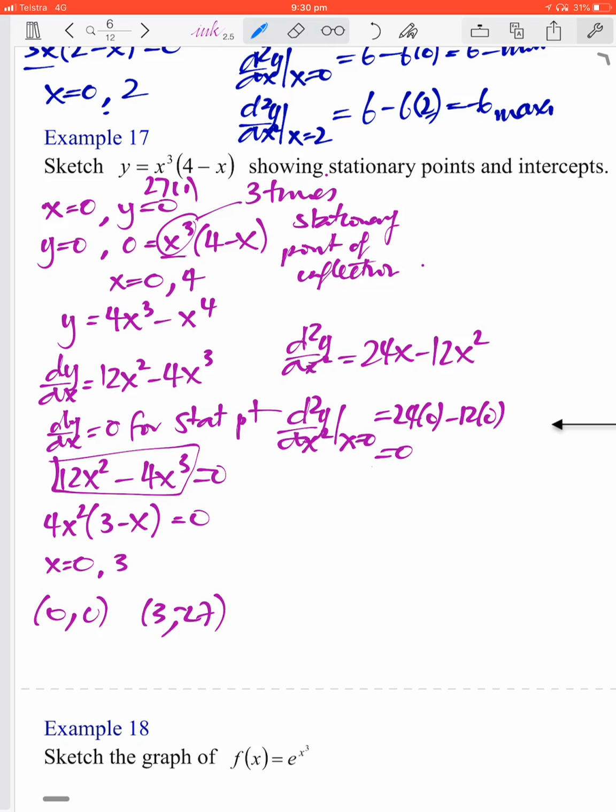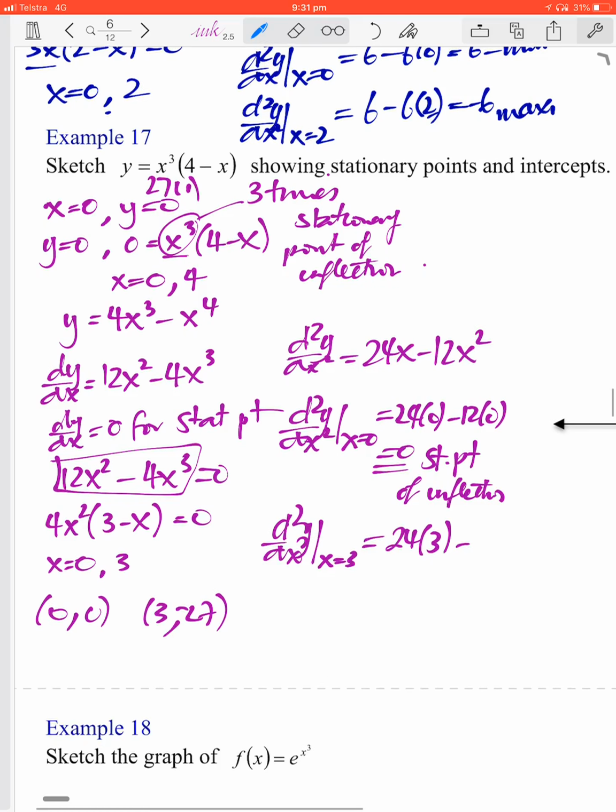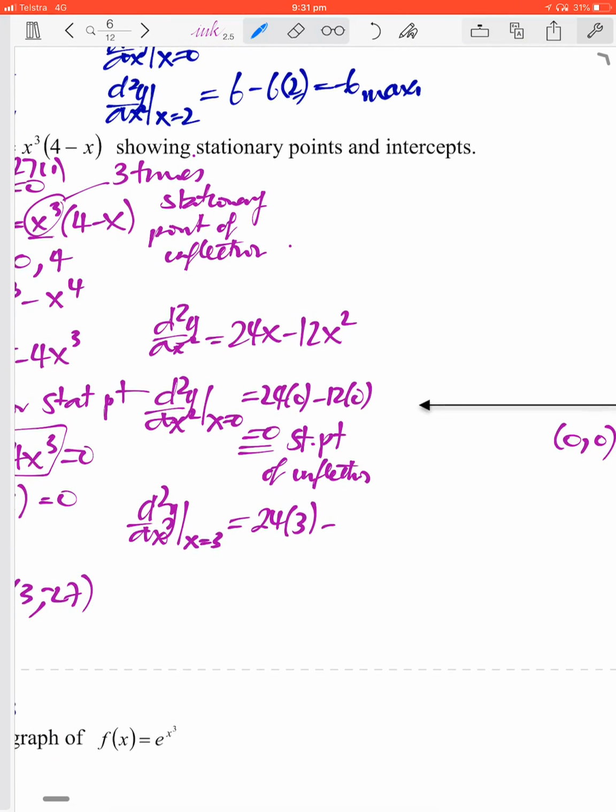So if the second derivative equals 0, then it's a stationary point of inflection.